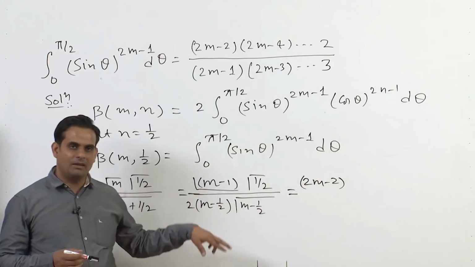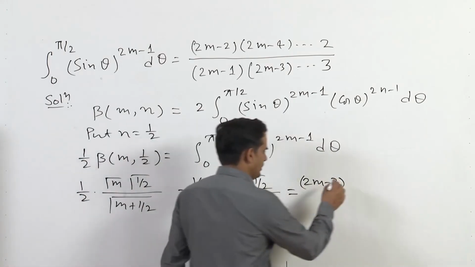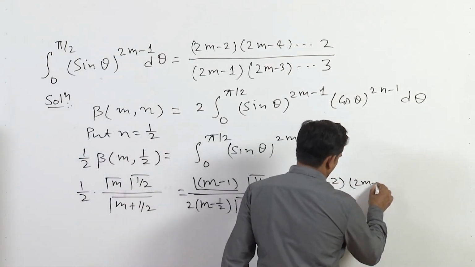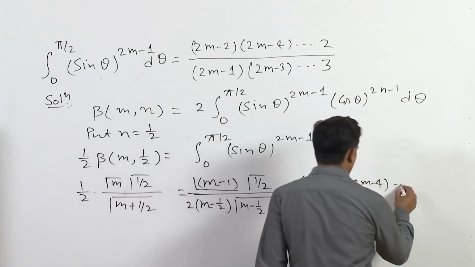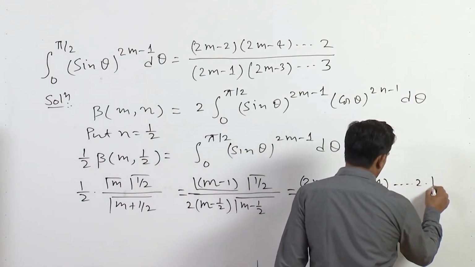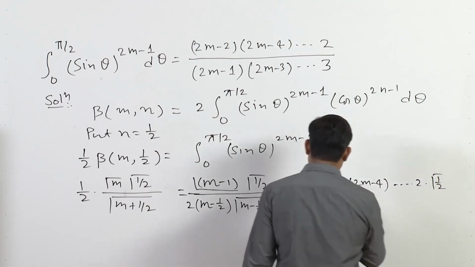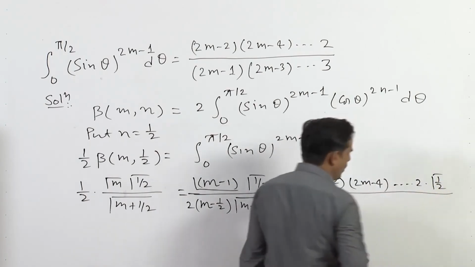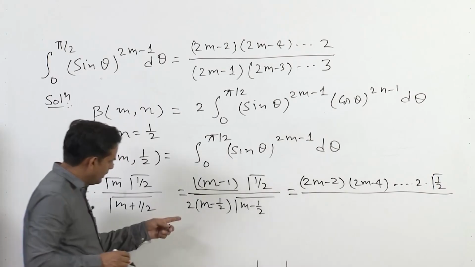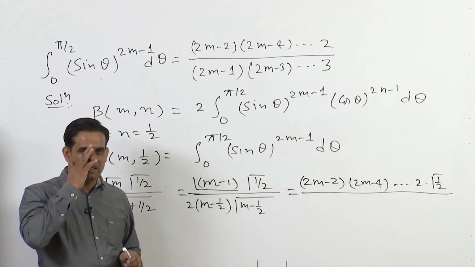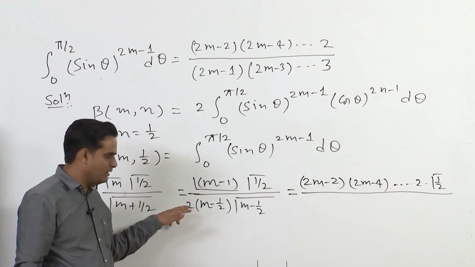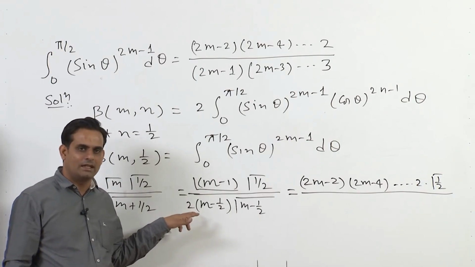When I multiply in m minus 2, it will become 2m minus 4 and then up to 2, into gamma half, upon, here also I am multiplying with 2 raised to power m minus 1 and a 2 I am already having here.